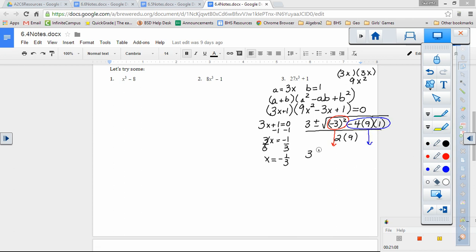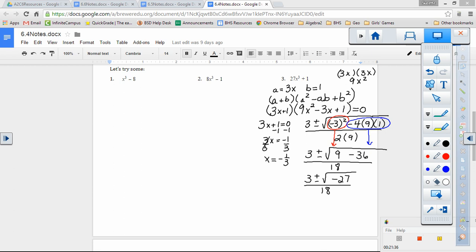So 3 plus or minus the square root of -3 times -3 is +9. -4 times 9 is -36, and -36 times 1 is -36. And we're going to put that all over 2 times 9, or 18. 3 plus or minus 9 minus 36 is -27 over 18.